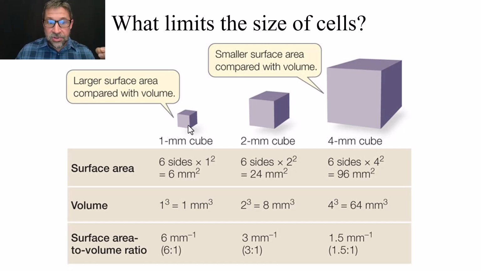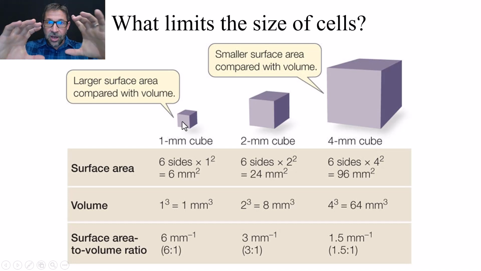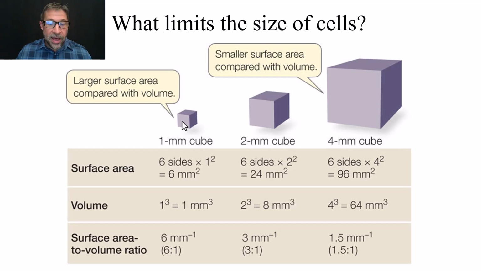So in order to get the surface area of one side, it's 1 multiplied by 1, which gives me 1 squared. That's the surface area of one side of the cube. How many sides does a cube have? Well, if you count them up, 1, 2, 3, 4, 5, 6 sides.